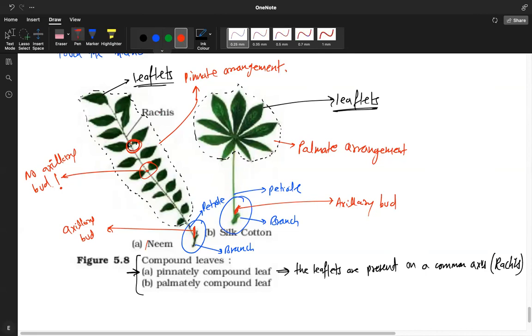This one here, rachis. Rachis is that common axis. If all these leaflets were one single leaf, this rachis would have been the midrib. Are you getting it? I hope it's making sense, right?